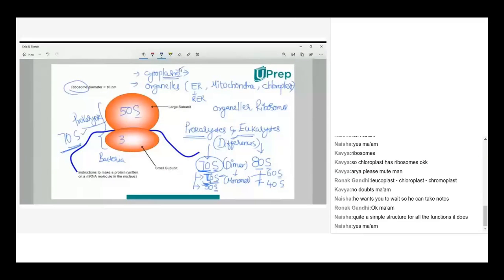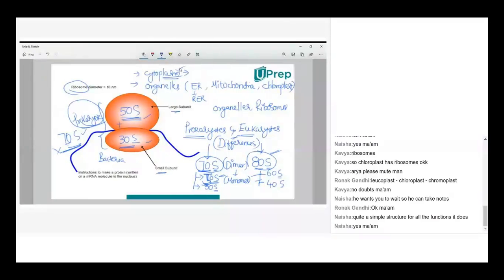Don't get into calculating by adding both and getting 70. This won't happen with molecular weight. So the 50S is the largest subunit, and the 30S is the smaller subunit, if you take the prokaryote example. Likewise, for eukaryotes, you will have the dimer structure with the 80S ribosome. When divided, 60S and 40S will be the largest and smaller subunits.